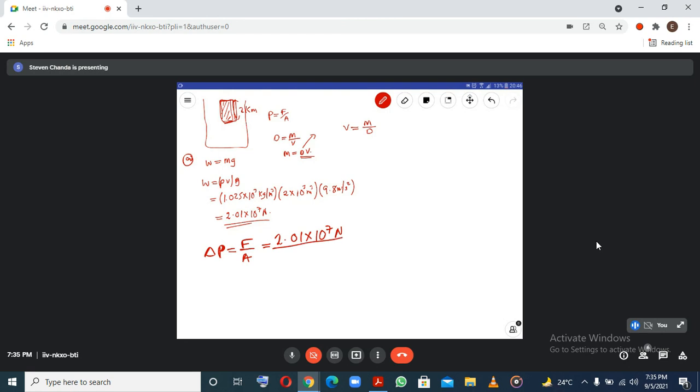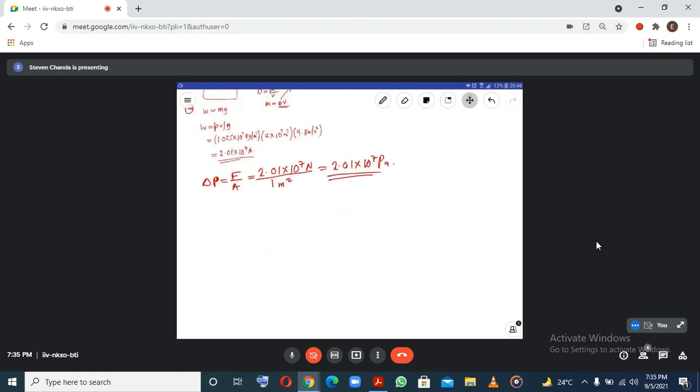And remember the cross sectional area of the column of water is 1 meter squared, so that basically gives us the same thing, right? This was something we reviewed when we had just started this topic.